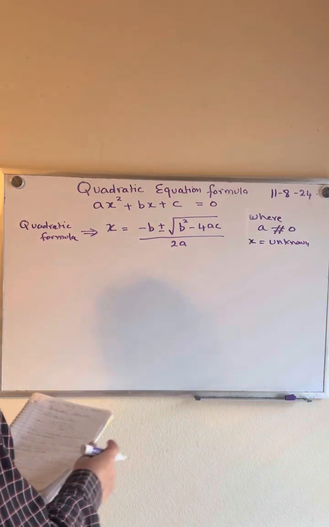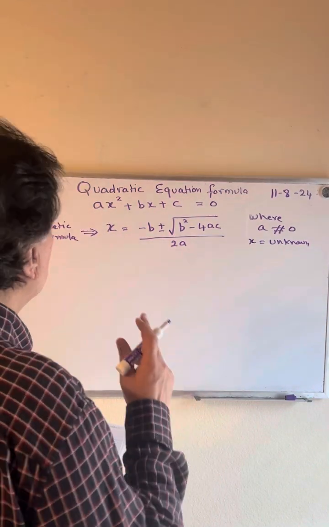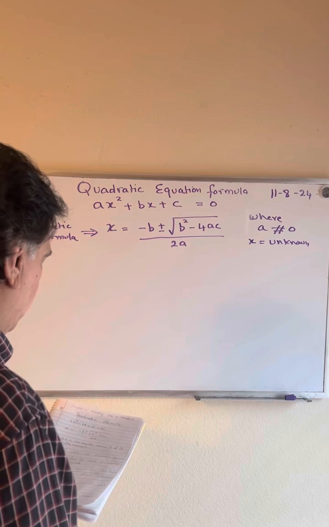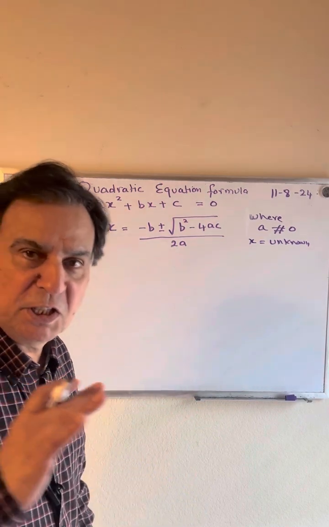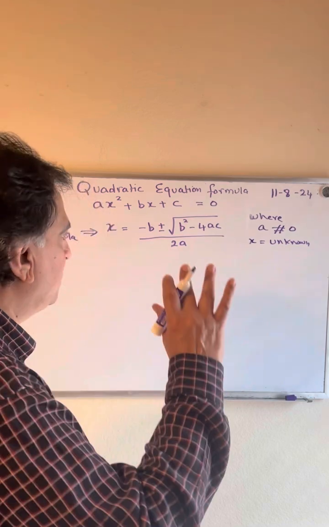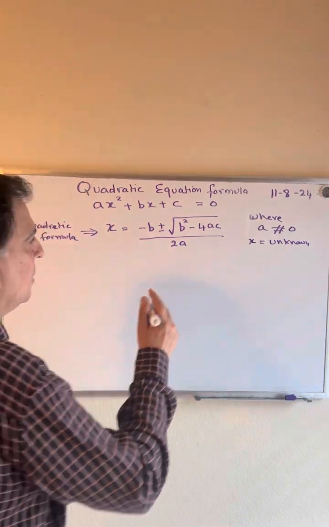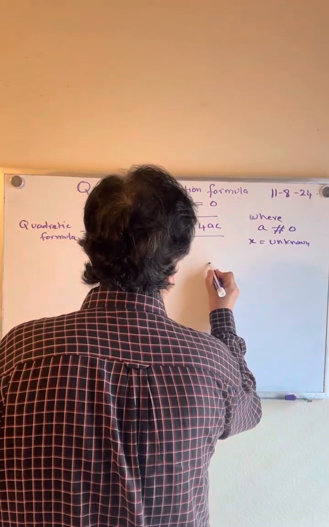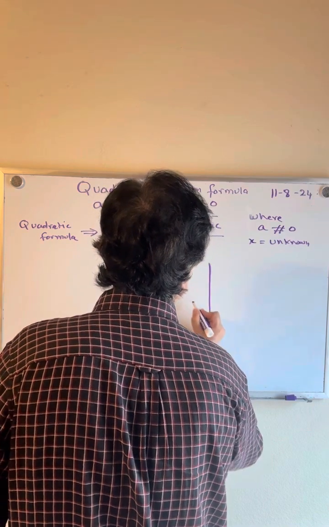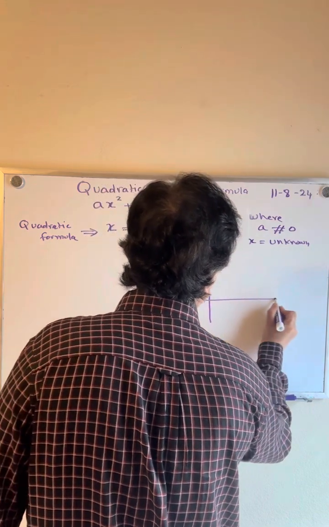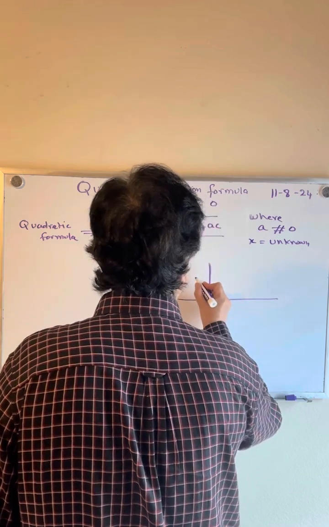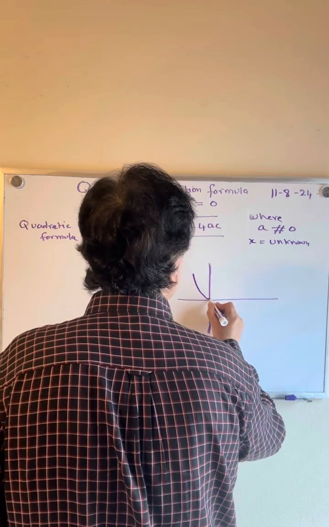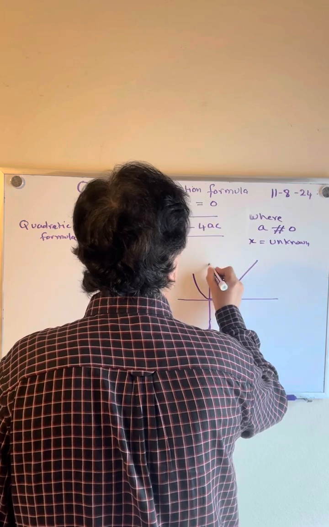So one use of the quadratic equation formula is that you can do calculations for both stationary and moving objects. If you draw the graph for a quadratic equation, in most scenarios, your shape is kind of like a parabola shape.